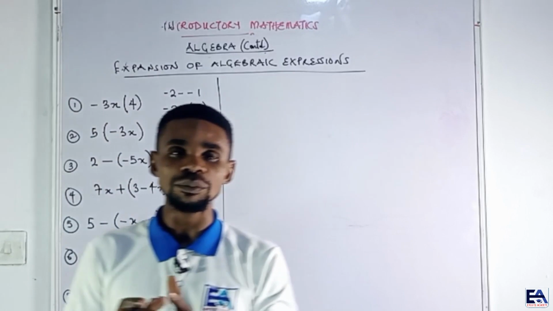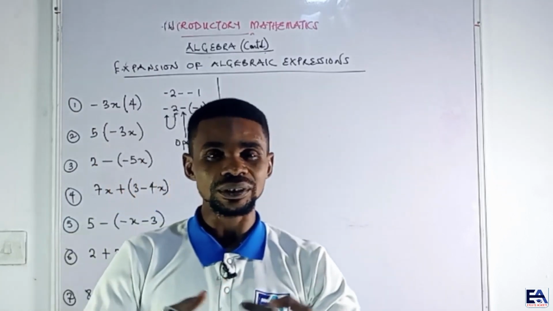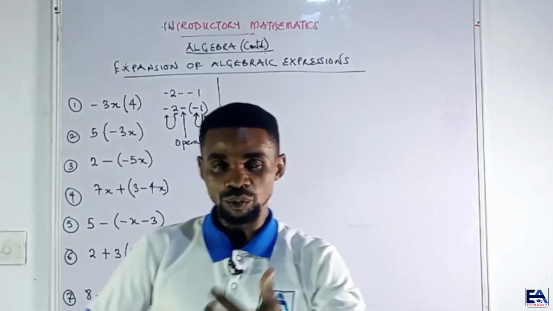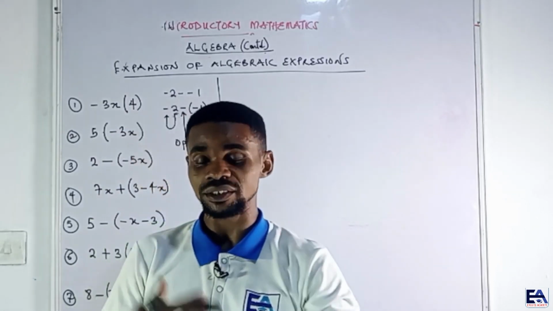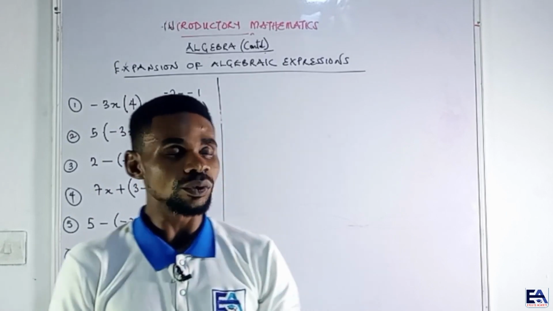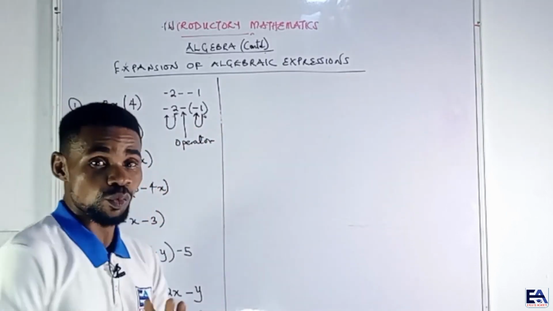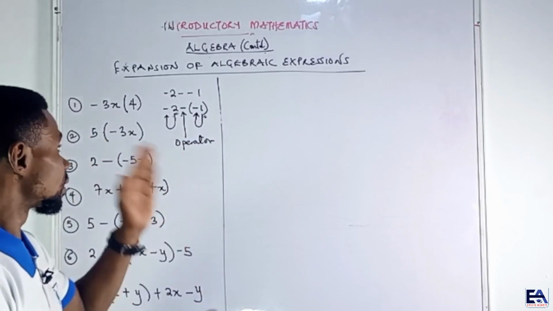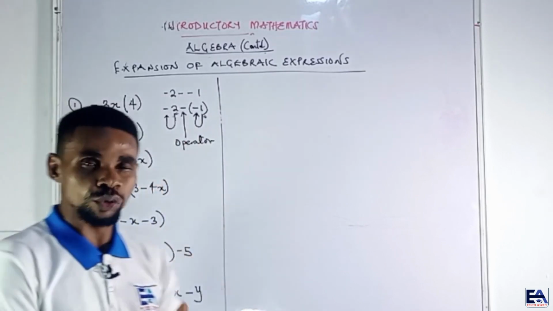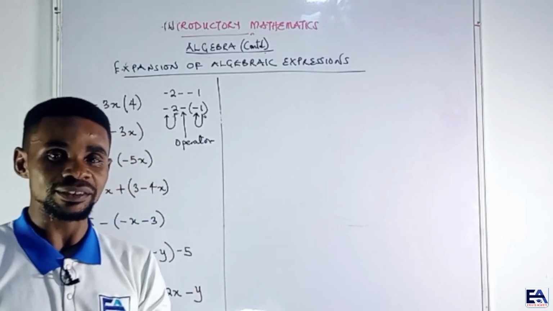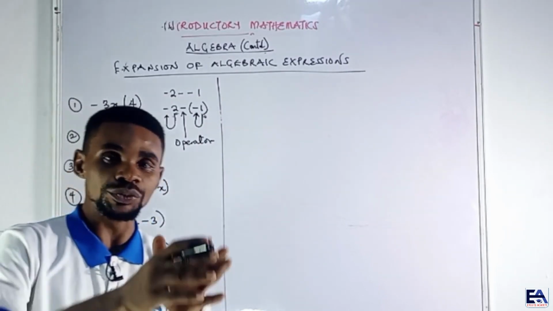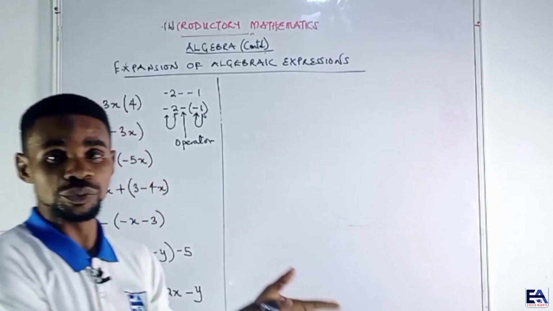The process of removing the brackets gives us a simpler form of that expression, in the quest for working towards a solution to the problem. What I'm trying to say in a nutshell is that brackets are important in mathematics, and whenever you find brackets in a mathematical expression or equation, you try to resolve them first before you start doing other things.